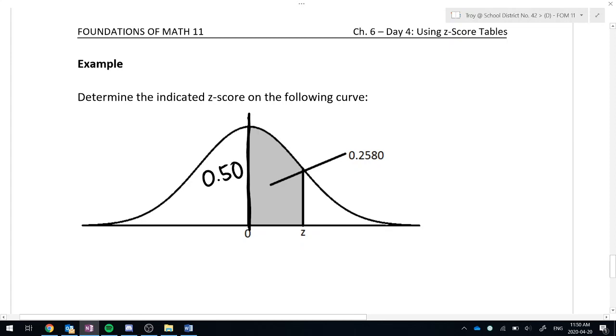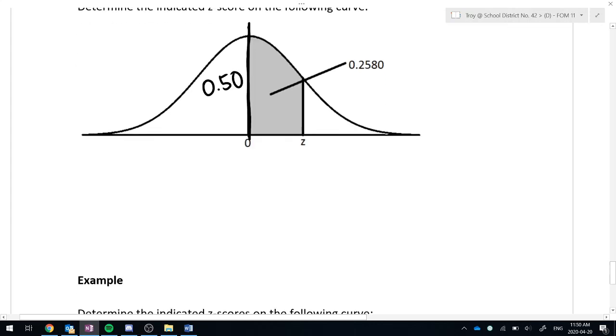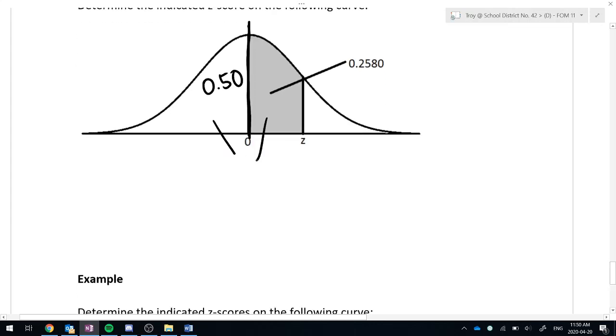As a decimal, that's 0.5. Okay, so together, that's going to be 0.7580. Right? That's 0.5 plus 0.2580.